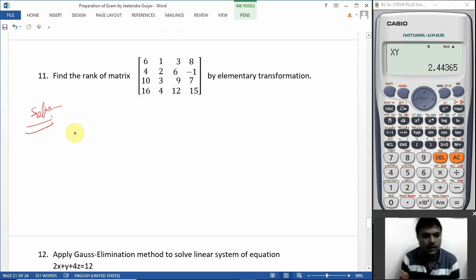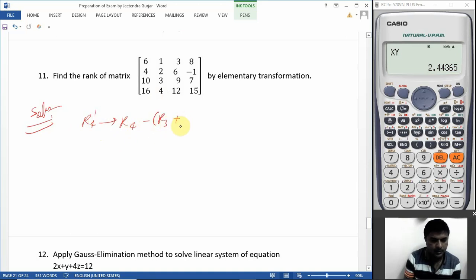So the next transformation I am going to do is 6R2 minus 4R1 in R2. I am getting here 6 1 3 8, 0 8 24 minus 38. This is all 0. So very simple, I calculated the values very easily.